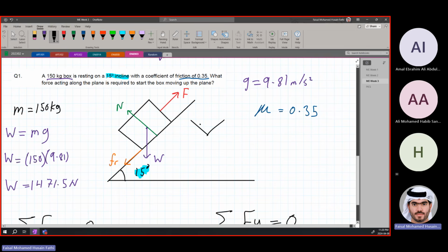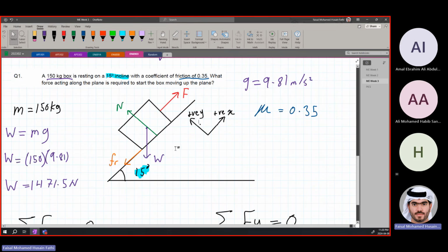This is my y, and this is my x, okay? And I will assume that this is my positive x direction, and this is my positive y direction. Y is going along the normal. This is what you should usually do. Your y positive will be going in the direction of the normal force, and your x positive will be going to the right of your y, perpendicular at 90 degrees.